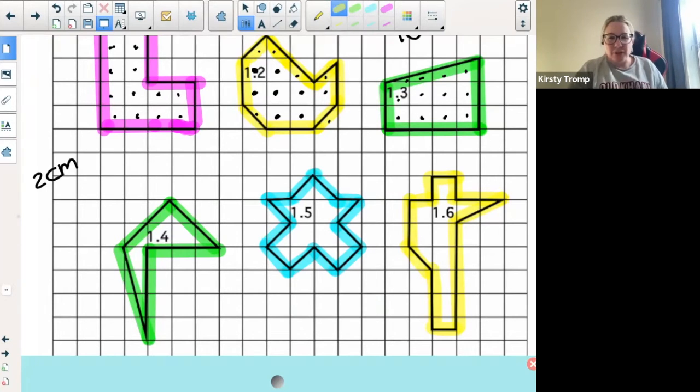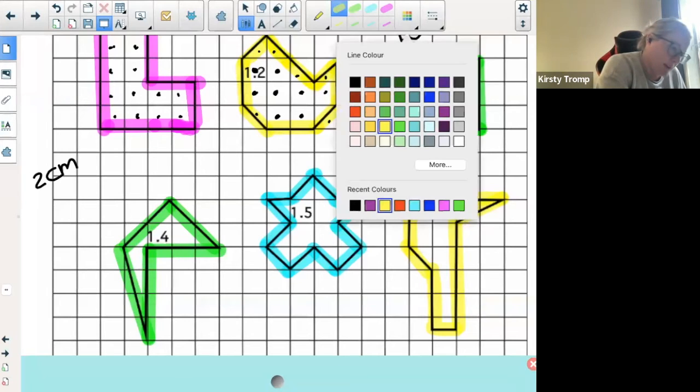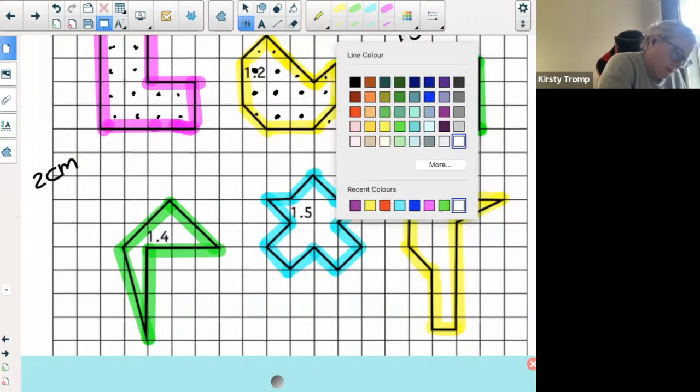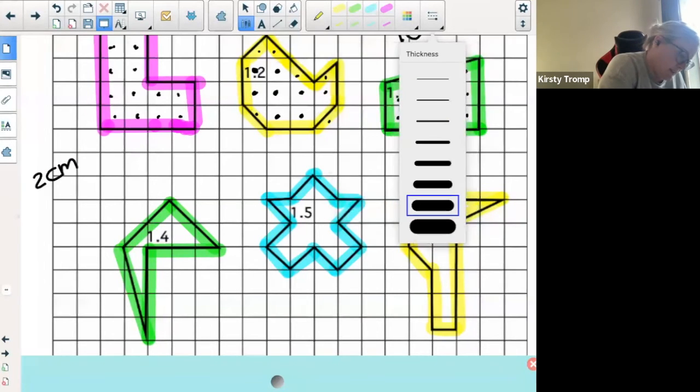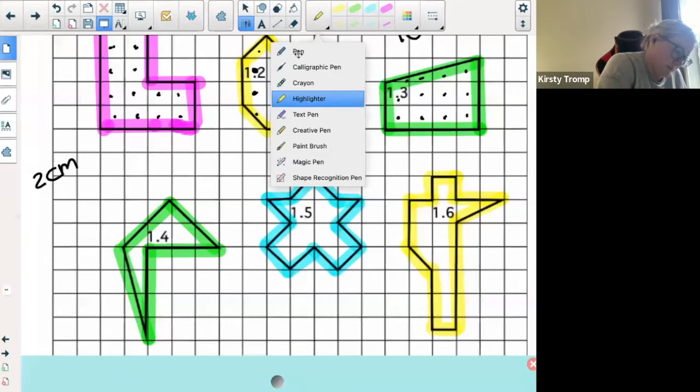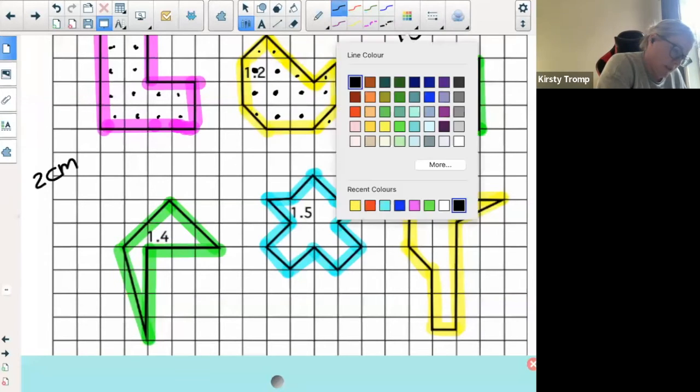Just a hint to everybody. The first thing you need to do is work out what the area of one of the squares is. I gave you a nice hint there.